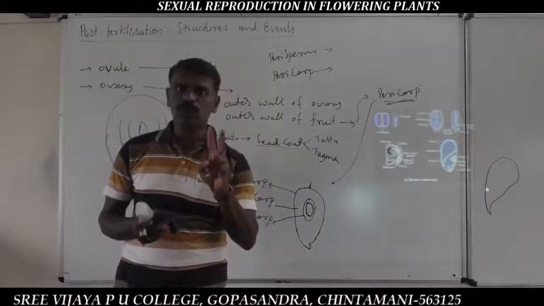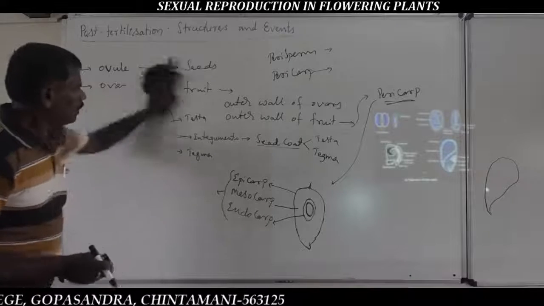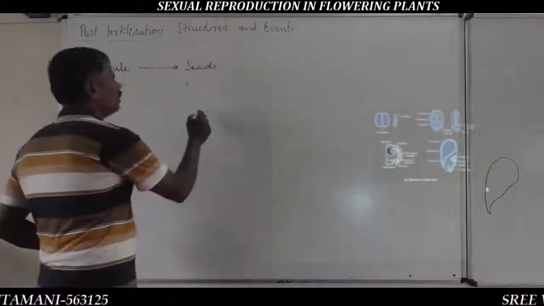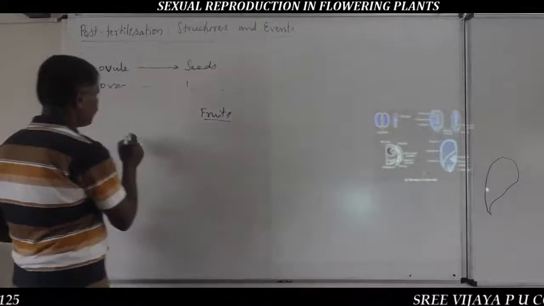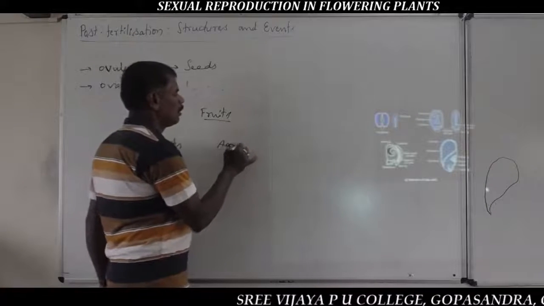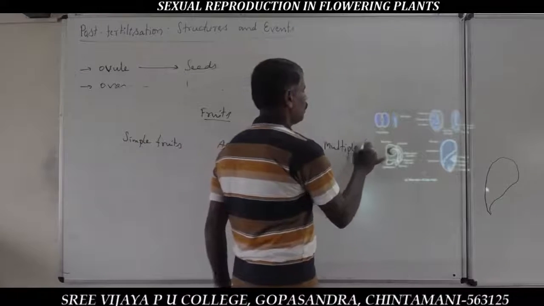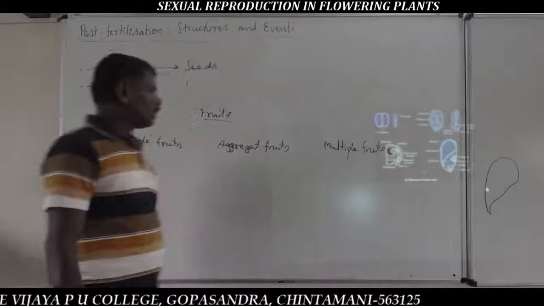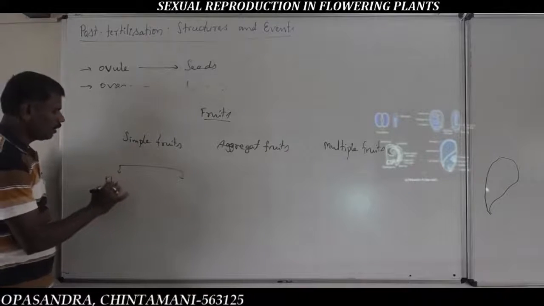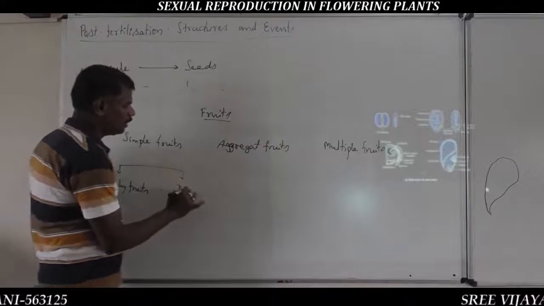Simple fruits are once again categorized into two types: fleshy fruits and dry fruits.